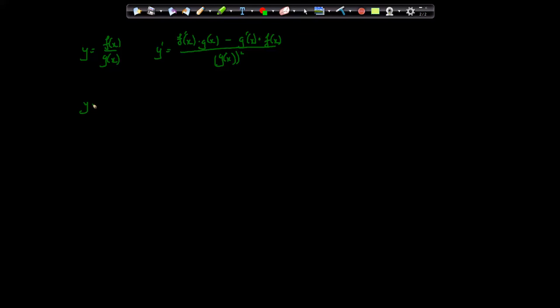Now we can write that in an easier form to remember without all the x's, as long as we remember that f and g here refer to functions.